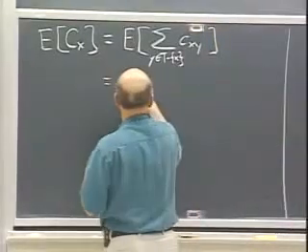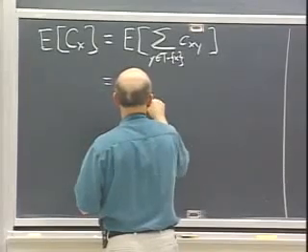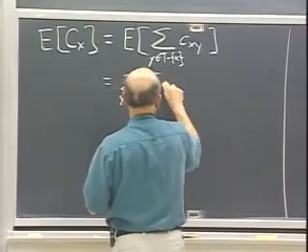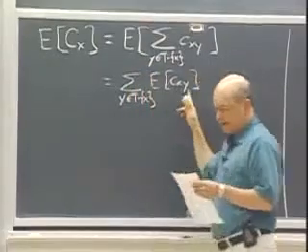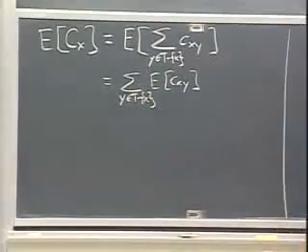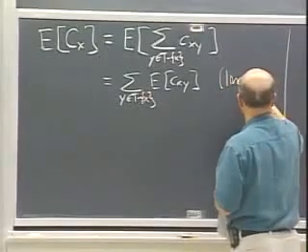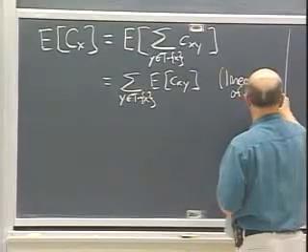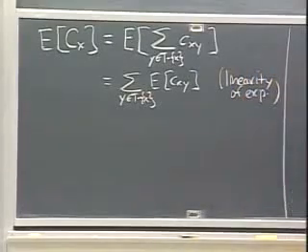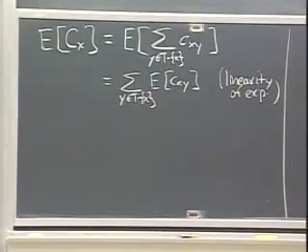And that's equal to the sum of y in t minus x of the expectation of cxy. So why is that? Yeah, that's linearity. Linearity of expectation doesn't require independence. It's true of all random variables.